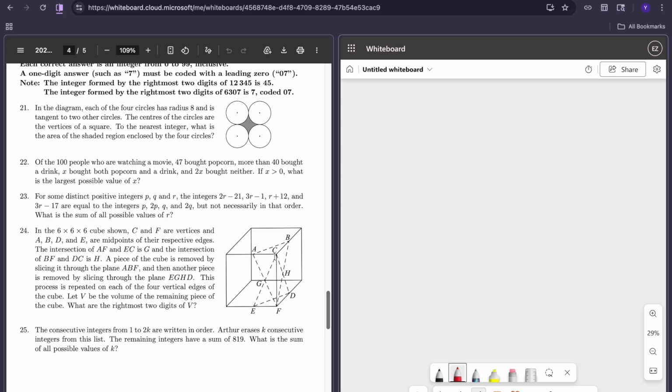This is the same for angle CAF and angle EFA.